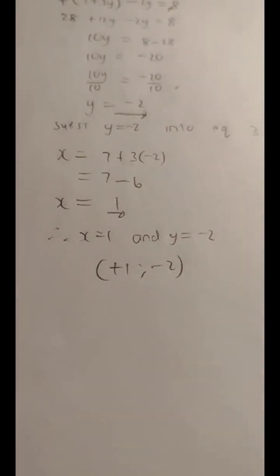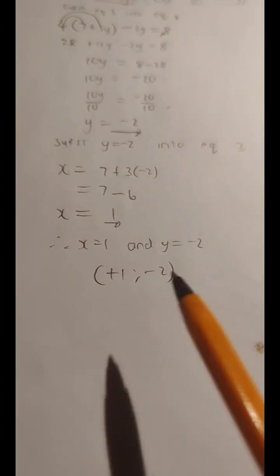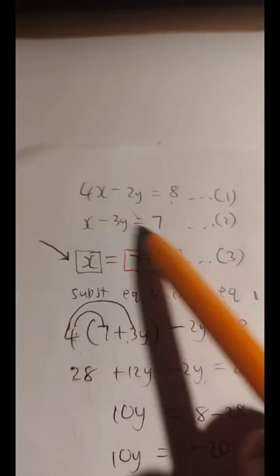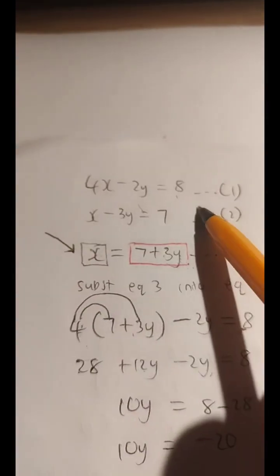You could write these as coordinate points, because this answer is a representation of what we call the point of intersection between two linear equations. In other words, two straight lines.